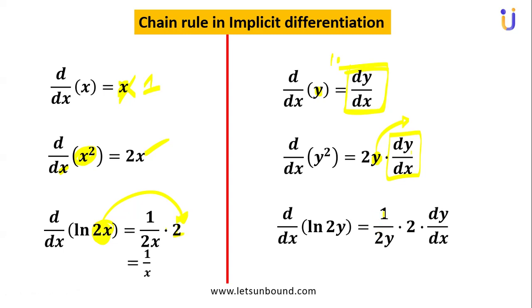Now, if you have ln 2y, you do the same thing: reciprocate, apply the rule, and one more chain rule for this y. It's not just 2, it's 2 dy by dx. Simplifying that, you get 1 by y dy by dx. This is the place we should be careful in implicit differentiation. When you're differentiating x, no need to worry. When you're differentiating y, make sure you apply the chain rule.